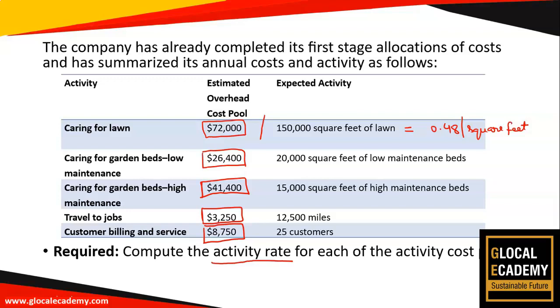So for caring for beds, low maintenance, we need to divide 26,400 by 20,000. In this way we get a rate of 1.32 per square feet of low maintenance beds.